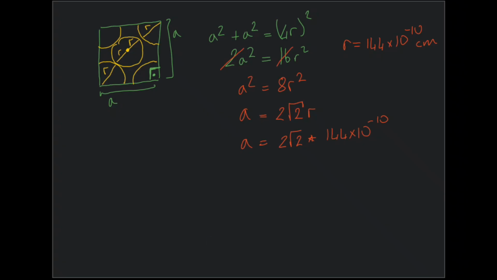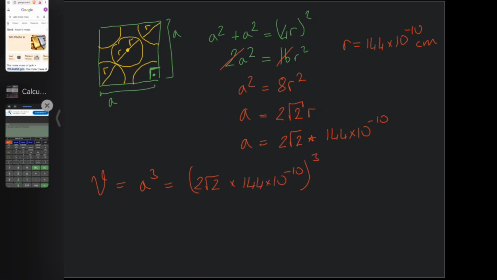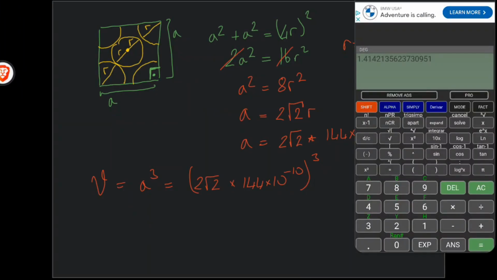If I want to calculate the volume of the cube, it will be A cubed, right? And it will be equal to 2 times square root of 2 times 144 times 10 to the minus 10, cubed. And I can calculate it by using a calculator.